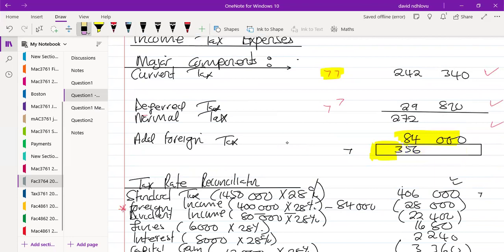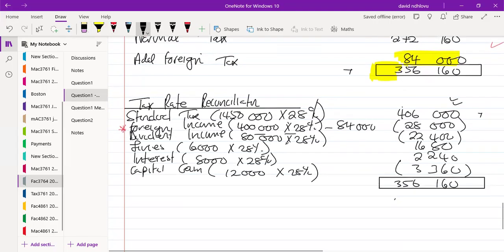So it will be 242,340 plus 29,820, which gives me 160 there. So that now we have exactly the same amount. So remember, we are reconciling this figure and that particular figure. If they balance like that, it means everything is 100% there.